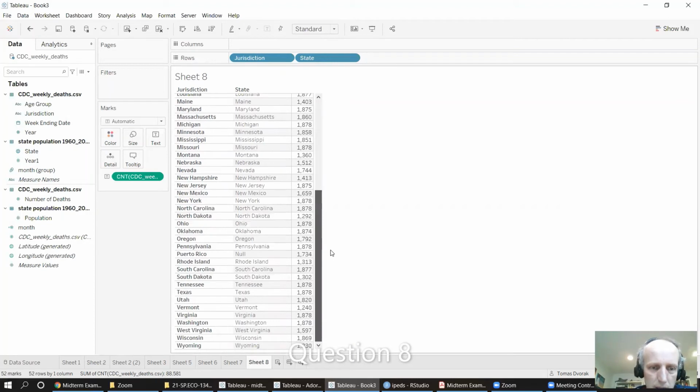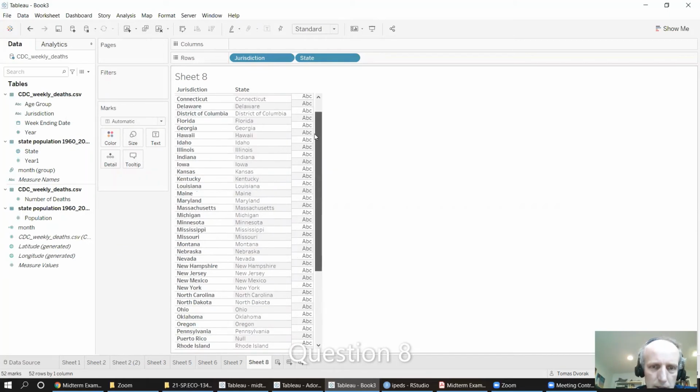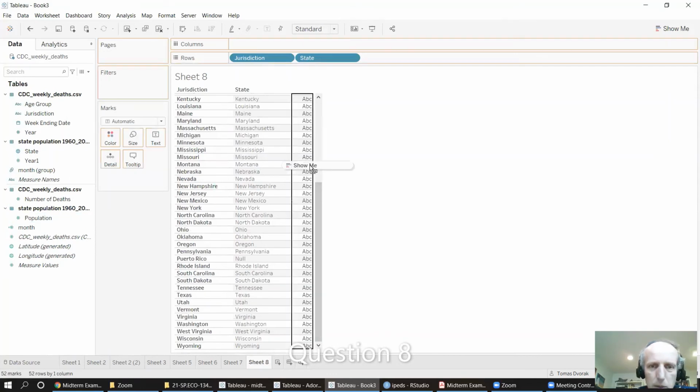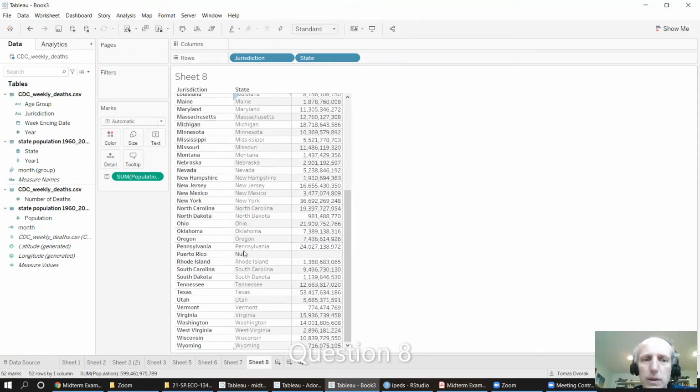As for Puerto Rico, we actually don't have any population data. If I put population in here, any population data for Puerto Rico, right? Because there's no state corresponding to Puerto Rico. So Puerto Rico is in the CDC data, but not in the state population data file.